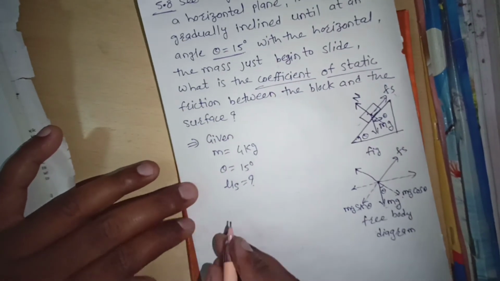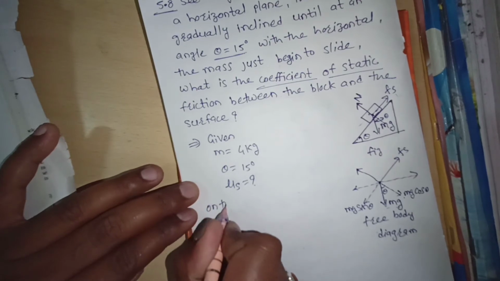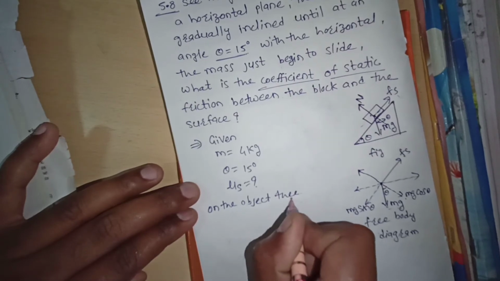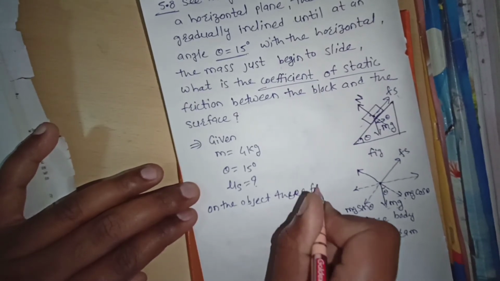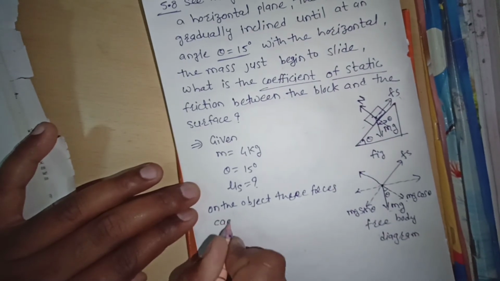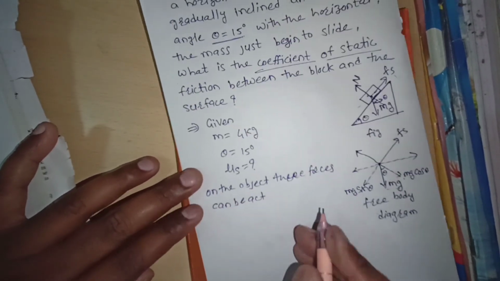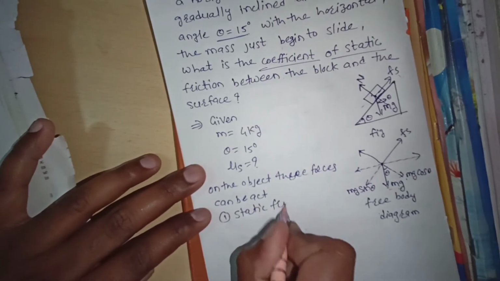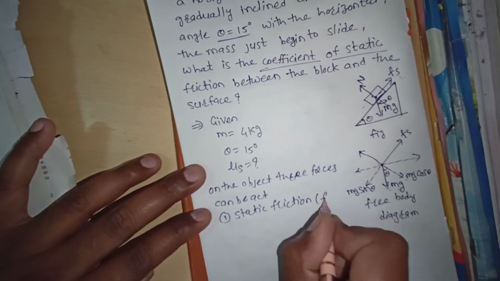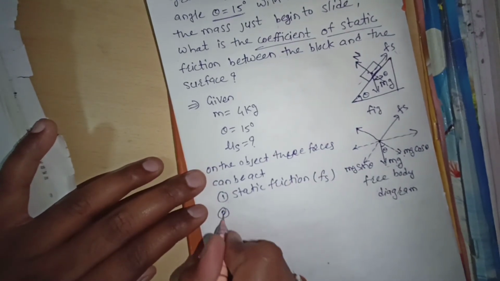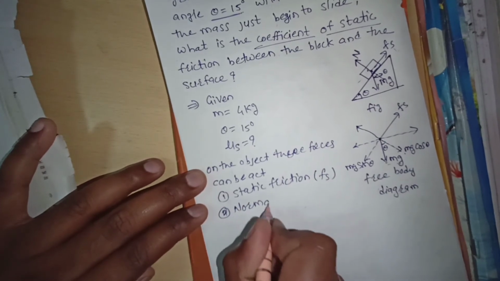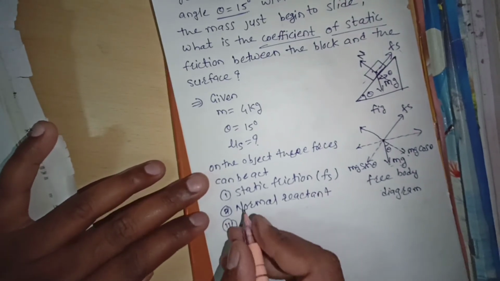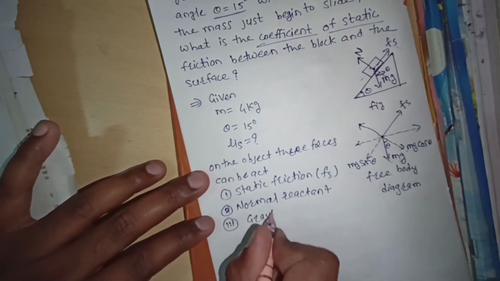Write down the explanation. On the object, three forces act. Which three forces? Static friction Fs, the normal reaction, and the gravitational force.